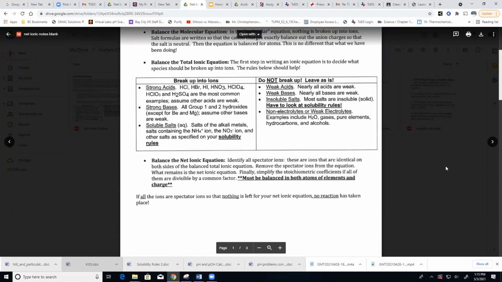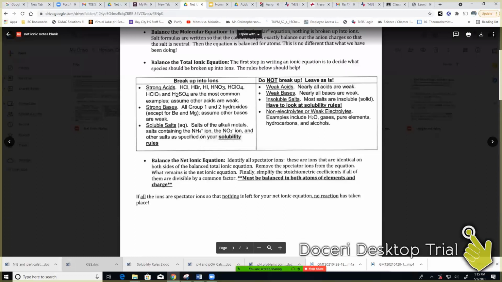Soluble salts, so there are some that are always going to ionize: anything that has ammonium in it, NH4, anything that has nitrate in it, those always ionize. And also salts of the alkali metals, so that's your group 1 metals. Those are your easiest ones to recognize without looking at the solubility rules.